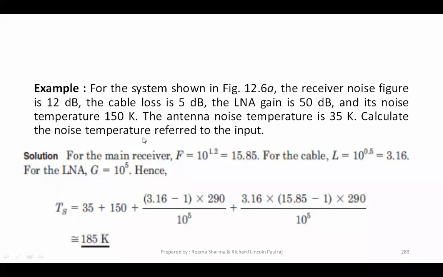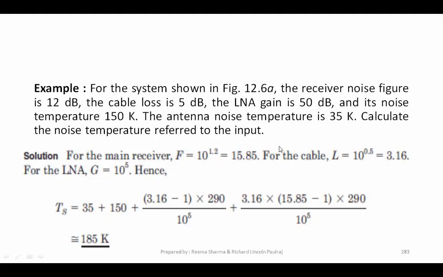Calculate the noise temperature. Whenever there is this kind of noise temperature, from noise temperature to power conversions, you'll have to do this conversion. So 10 raised to 1.2, which is about 15.85. You take this 12, divide by 10, and put it to the power of 10.